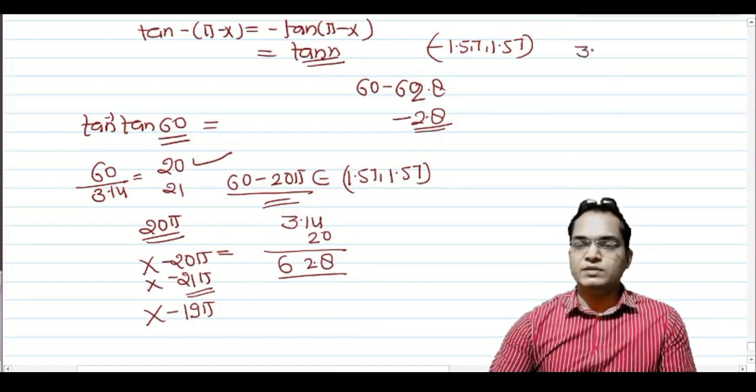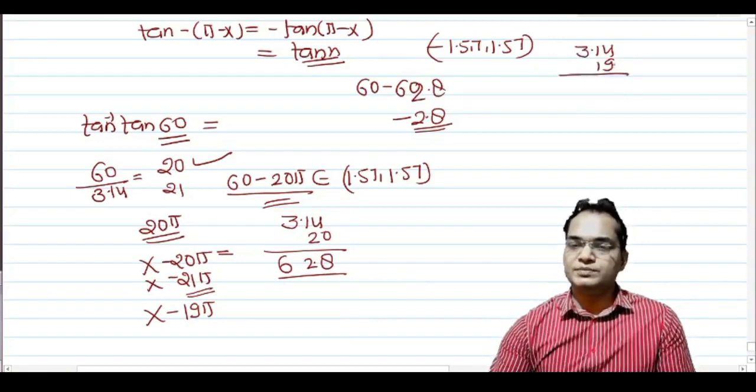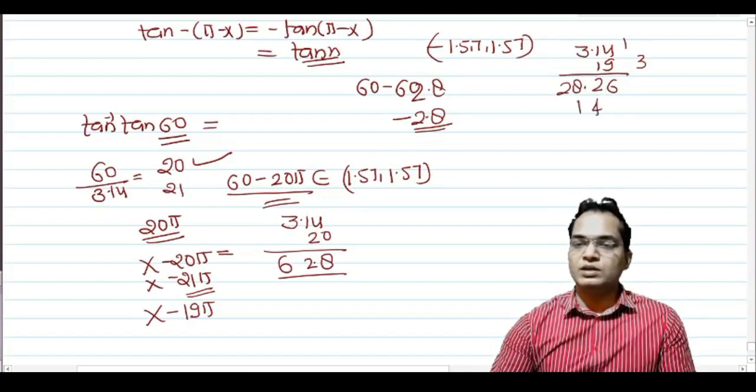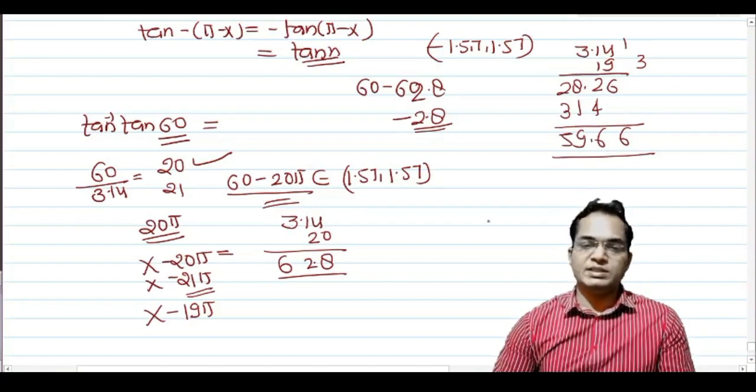And now we are going to solve what is the meaning of 19π. Means 3.14 into 19. Okay, solve it. Yes or no? You can check it also. Sorry, it is 59.66.